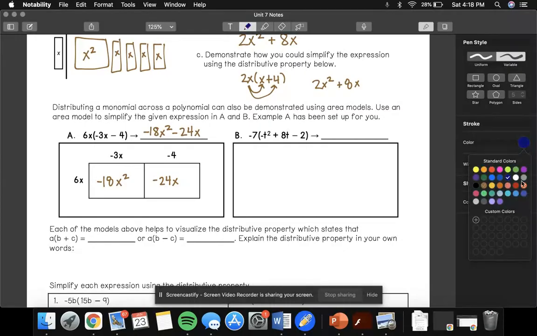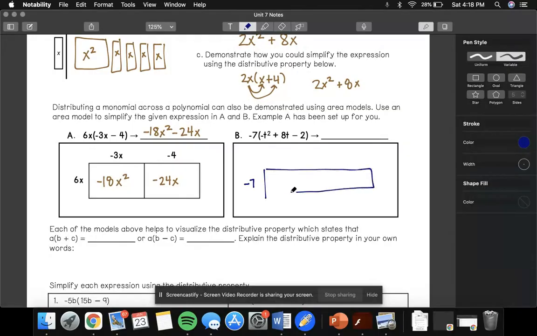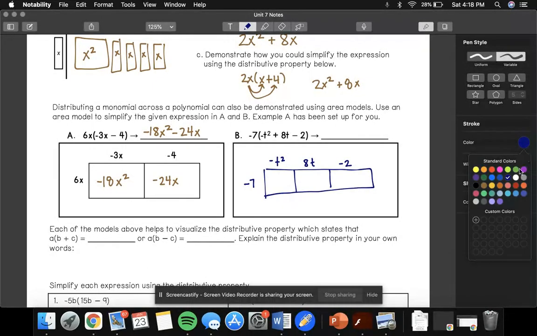Now for this one, it's wanting us to actually create this area model. So we have negative 7, and that is being multiplied by 3 parts. That's negative t squared, 8t, and negative 2.